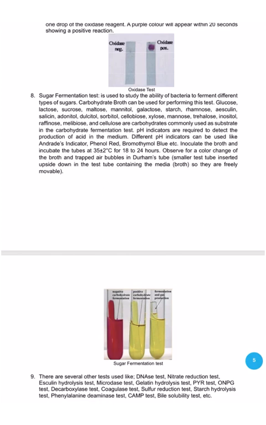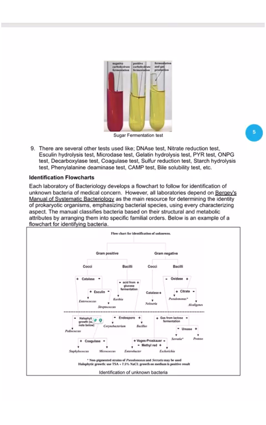So for the microbiology identification of bacteria, we already defined the 8 common tests, and the ninth is a collection of tests specific for certain types of bacteria. Different labs use different flow charts. Flow charts are charts or processes that follow a certain pattern to identify bacteria.